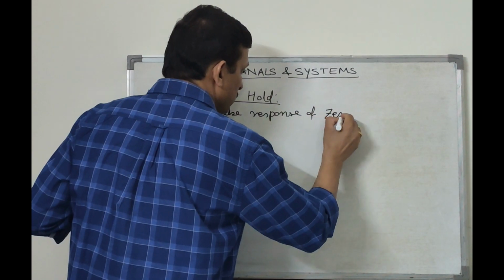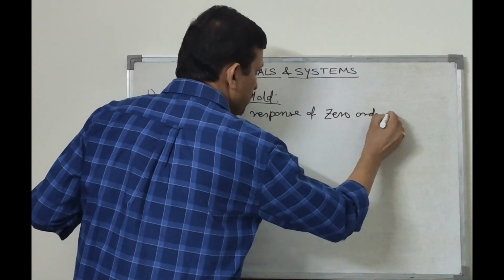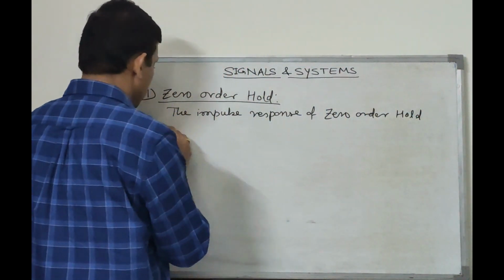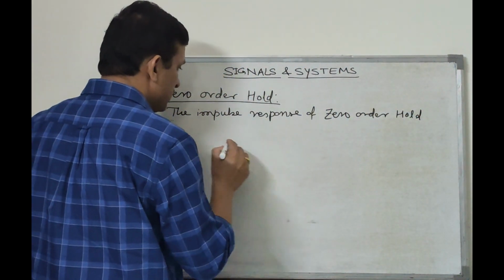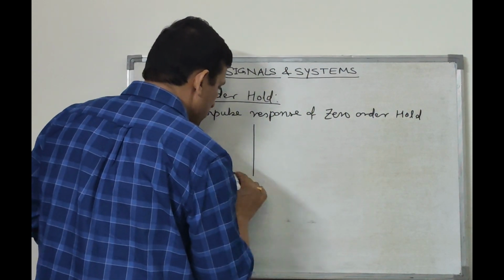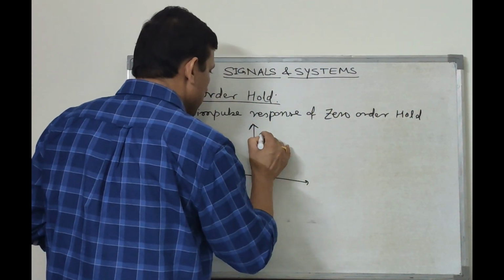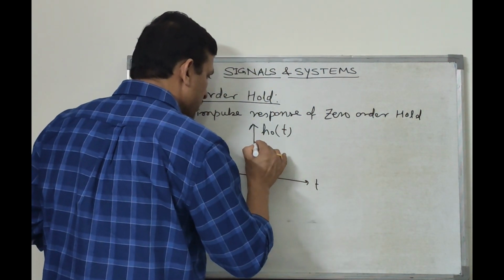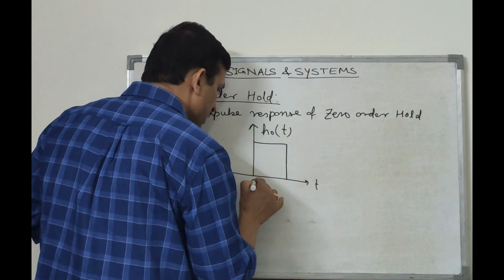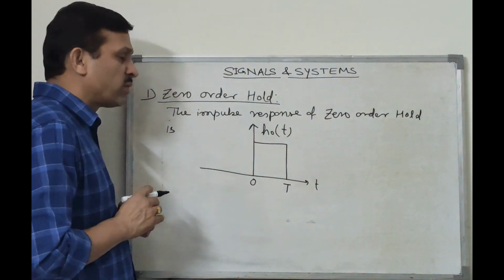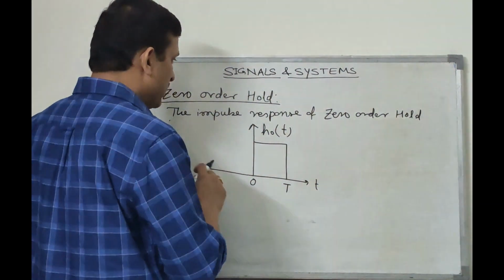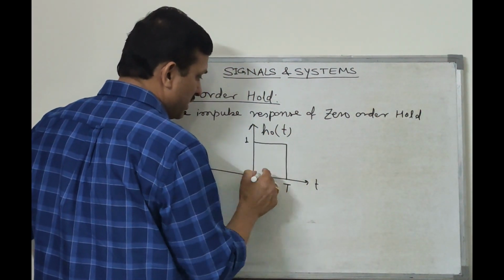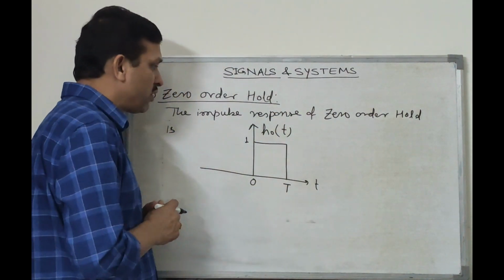Let this be h0(t), then this is the impulse response of zero order hold. That means this h0(t) is the impulse response of zero order hold.